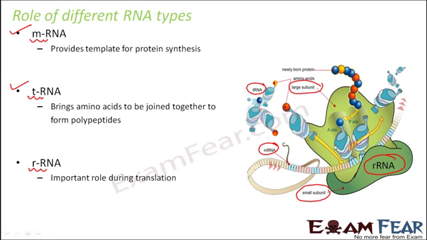So the larger subunit of the ribosome, that is this unit, acts as an enzyme, a ribozyme, which catalyzes the peptide bond formation, the bond formation between the amino acids. You see tRNA is bringing the amino acids here to the larger subunit of the ribosome, and on this larger subunit each tRNA is carrying an amino acid, and a bond formation takes place between all the amino acids, and this is how a protein is being formed.